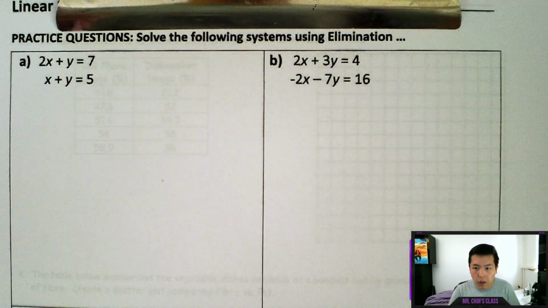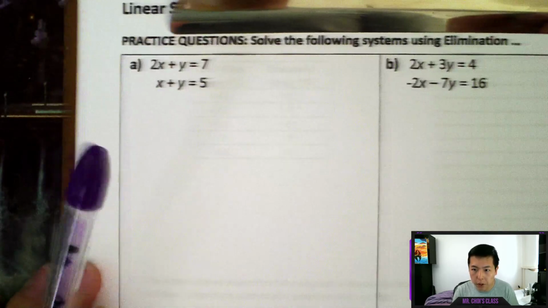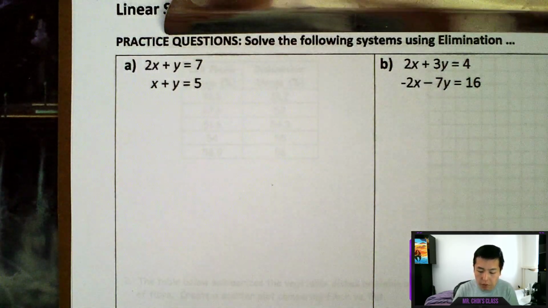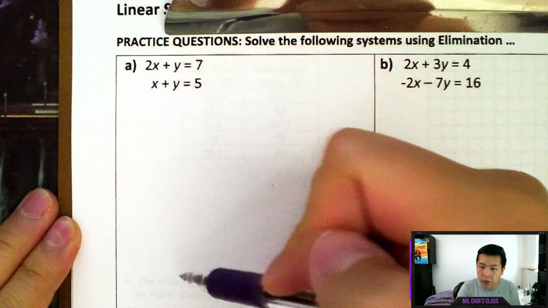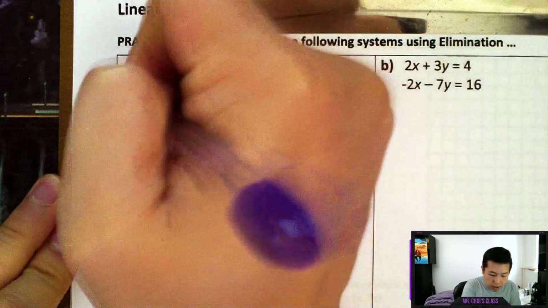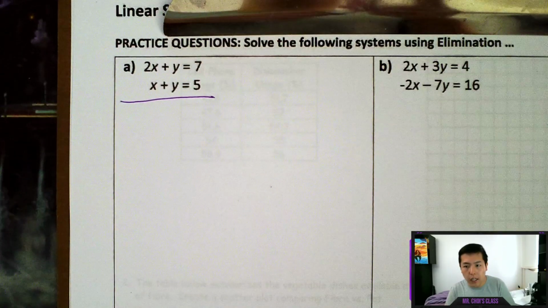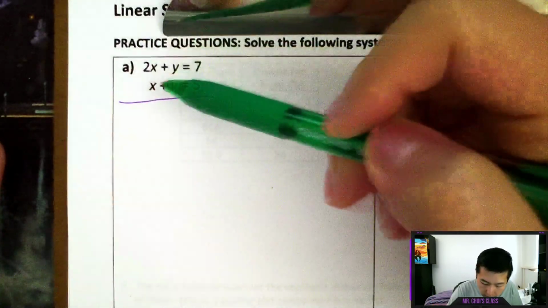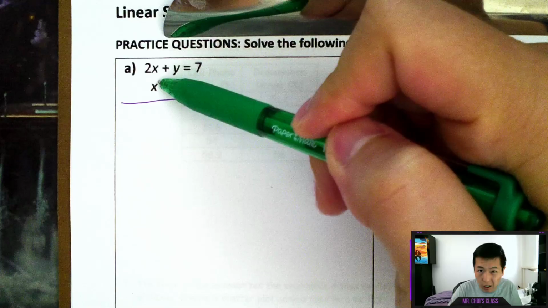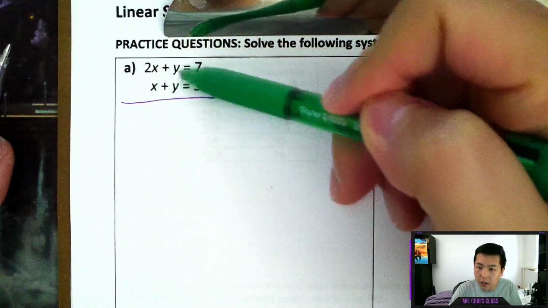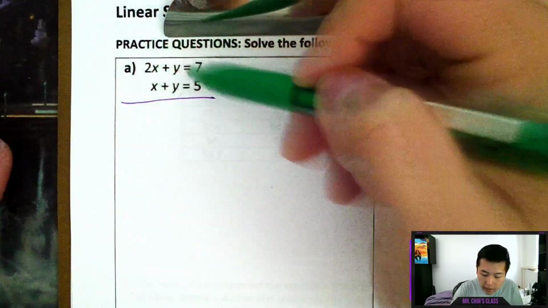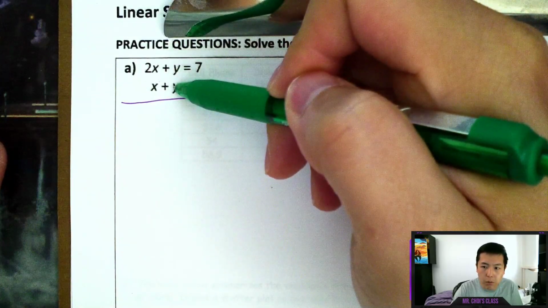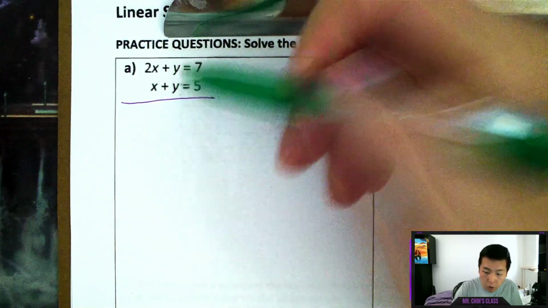So for question A here, you'll notice that x and y is already lined up. If I give it to you lined up, you can actually just draw the line and say, okay, I'm just going to use this. And you look, okay, x does not have the same coefficient. I'm not going to get rid of that one. Y does. Both of them are 1s, and they're both the same sign, which means we're going to be using subtraction.